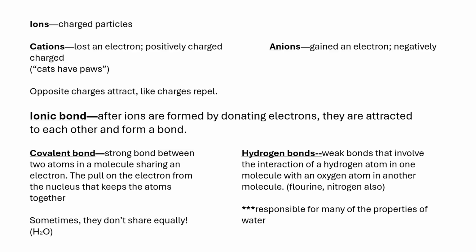Hydrogen bonds are weak bonds that involve the interaction of a hydrogen atom in one molecule to an oxygen atom in another molecule. This can happen with fluorine and nitrogen also, just as a note, just so you know.